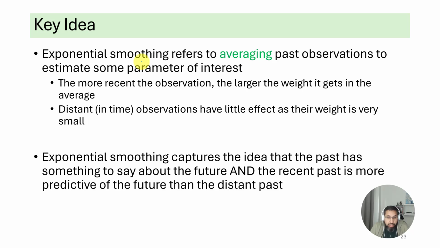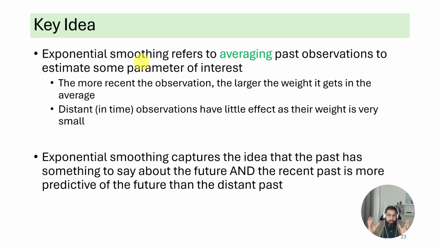So if I'm sitting in September trying to forecast October, September, August, July, this recent data has more to say than data from 3 years ago. Okay, and so in all of these exponential smoothing and ETS methods, recent observations are given a higher weight than very distant observations.